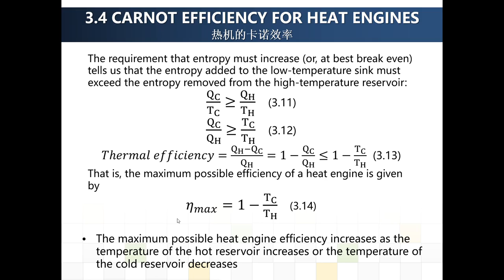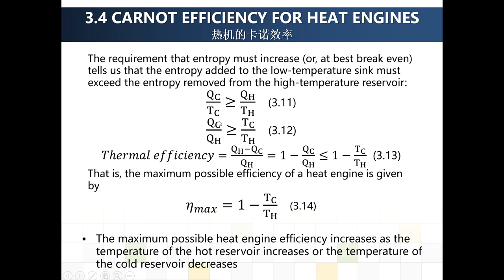So the entropy added to the low temperature sink must exceed the entropy removed from the high temperature reservoir, which means the heat at the low temperature sink divided by the temperature of the low temperature sink, which is the entropy added to the low temperature sink, will be more than the heat at the high temperature reservoir QH divided by the temperature at the high temperature reservoir TH.